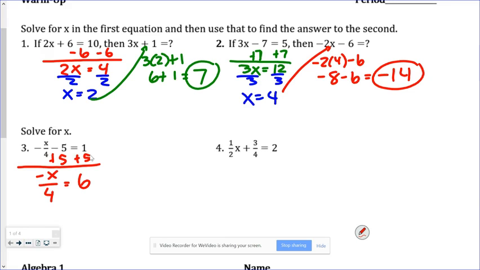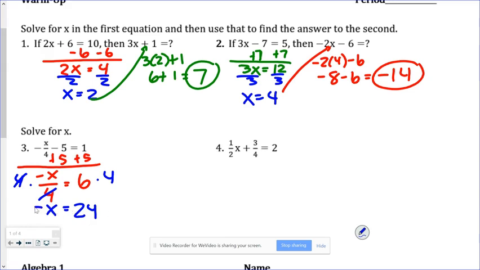Okay, now I need to get rid of this divide by 4. So the opposite is multiply both sides by 4. Those 4's on the left canceled, so I have negative x equals 24. I'm not done here.